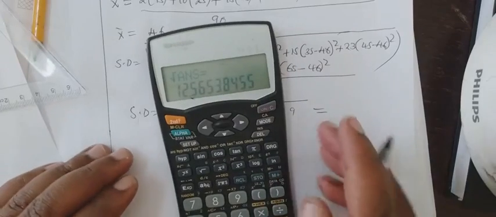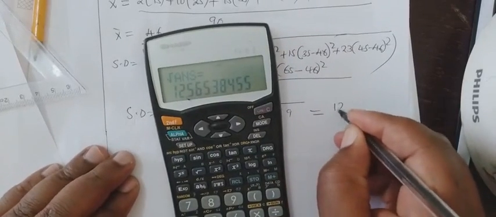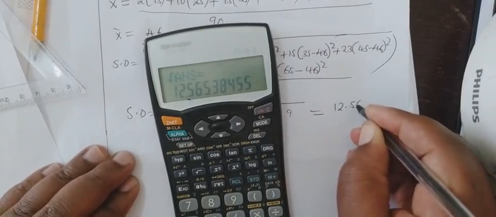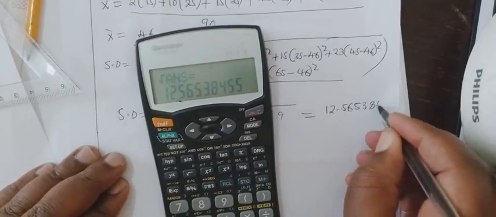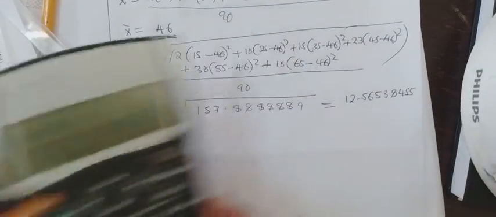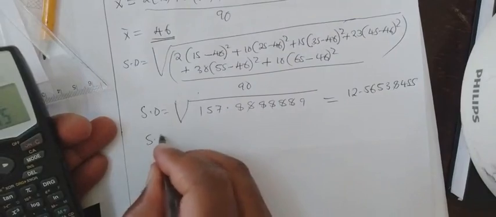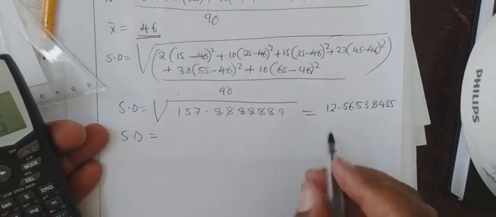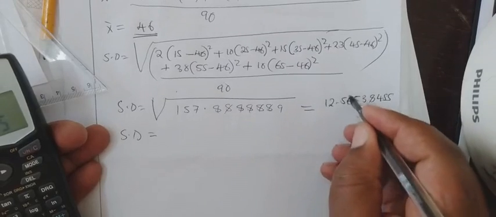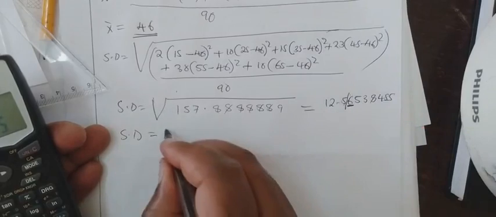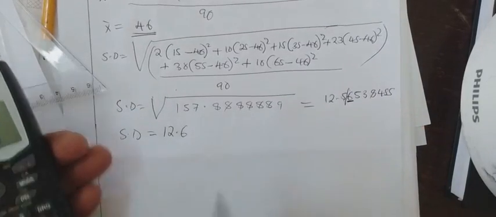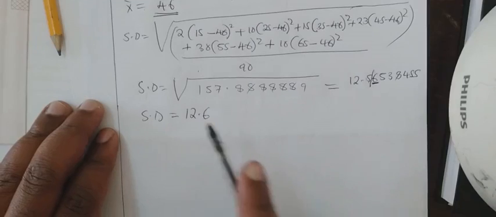So this is your answer, 12.5653845. So standard deviation is equal to, give it to three significant figures. 1, 2, 3. You cut here and consider this one as 1. 1 plus that, 6. So 12.6 is your standard deviation. Okay, so that is our answer.